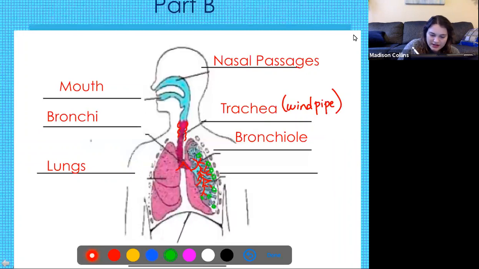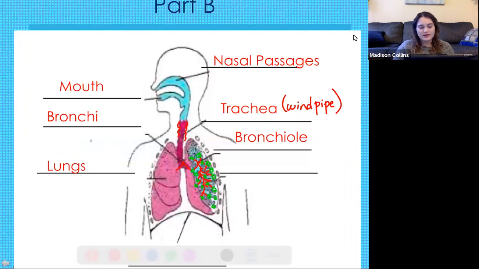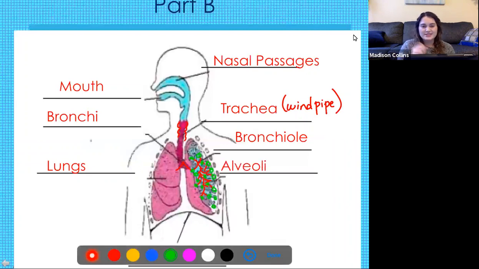Right, and those sac-like structures are known as the alveoli. And again, that is where gas exchange takes place, where oxygen and CO2 are actually exchanged. Okay, so I'm going to write down oxygen and CO2.